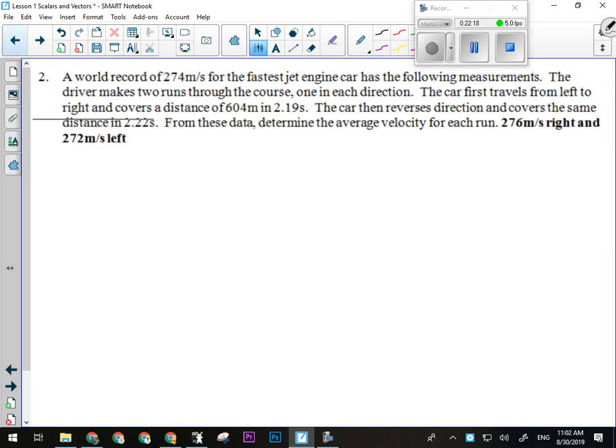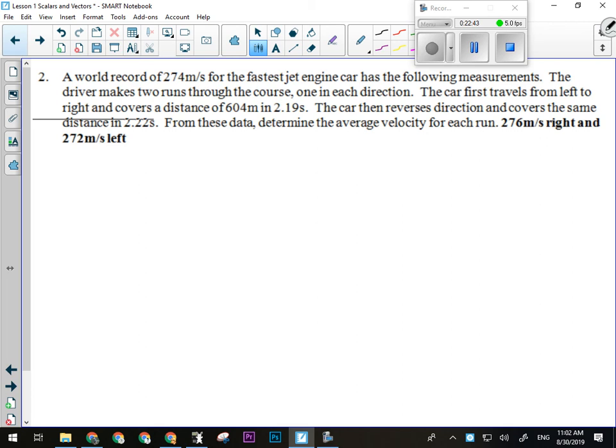All right, number 2, it's a wording thing usually on number 2. This is 2 separate trips and we're treating them separately. We're not combining them in any way. So it just wants to know what's the average velocity for part 1 and what's the average velocity for part 2. Okay, so from the data, determine the average velocity for each run. Well, in the first run, the car travels 604 meters in 2.19 seconds.